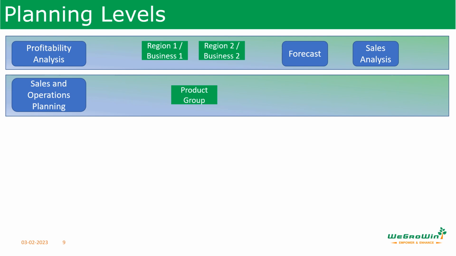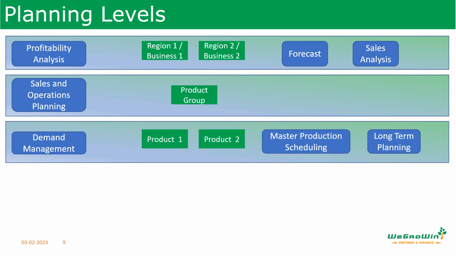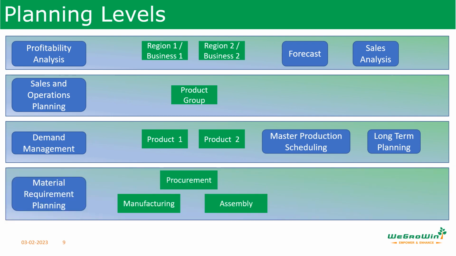And then there will be sales and operations planning, which works out the plan product group wise, and then demand management, right? Each product wise, what is the demand, in which the master scheduling and long-term planning will happen. From here, material requirement planning will happen, based on which procurement, manufacturing, and assembly will happen.